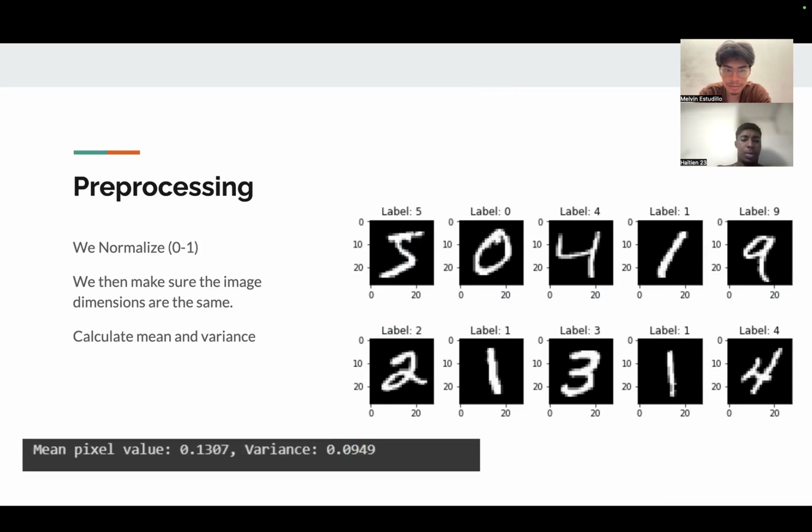Okay, so now within our pre-processing stage, in images normally you look at the pixel values, and these pixel values range from 0 to 255. However, within our models, which we'll present momentarily, these values would be too large for the CNN to comprehend, because it's getting a variety of different numbers.